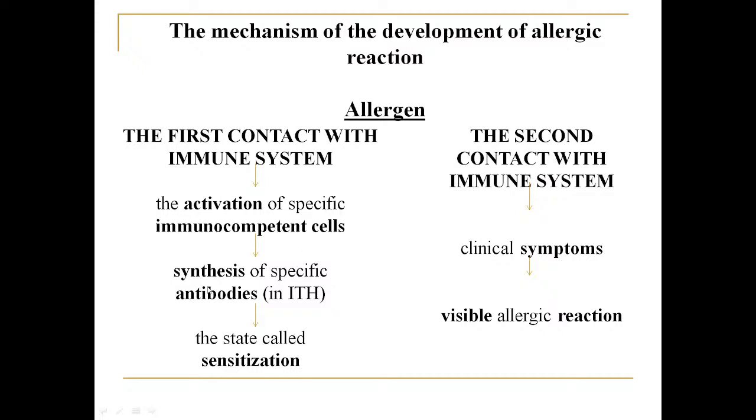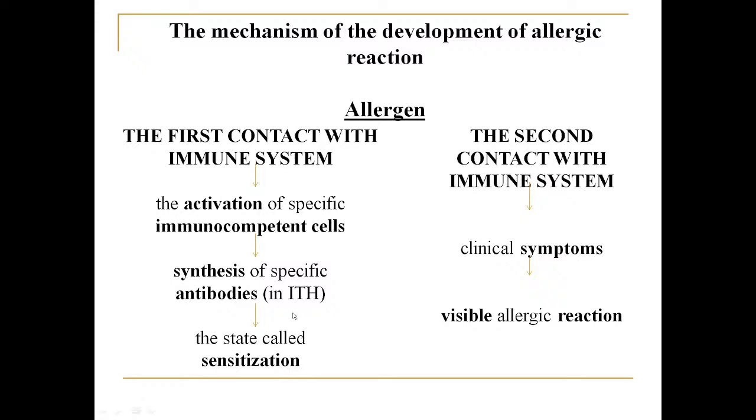Then, these activated immune cells produce specific antibodies, IgE. It causes sensitization. Sensitization is a state of the human organism when the organism is sensitized by the presence of IgE.